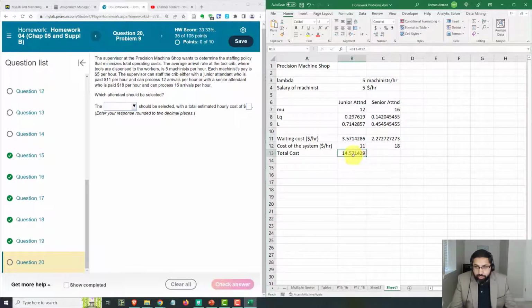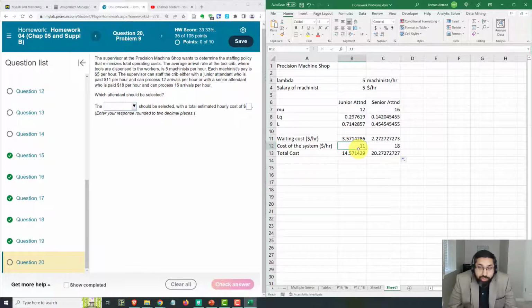And if we go for the other one, it's going to be this. In this case it costs a lot less to go for the junior attendant because the waiting cost increases only a little bit, whereas we save a whole lot of money with the junior attendant.